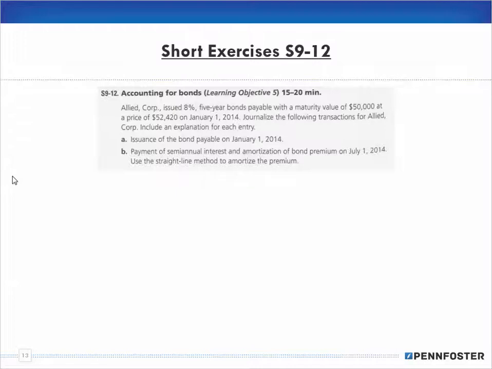All right, so 9-12, we're looking at accounting for the bond at a premium. Allied issued an 8% 5-year bond with a maturity value of $50,000. Same as the last video, 5 years. And remember, that's semi-annual, so that's going to equal 10 periods.